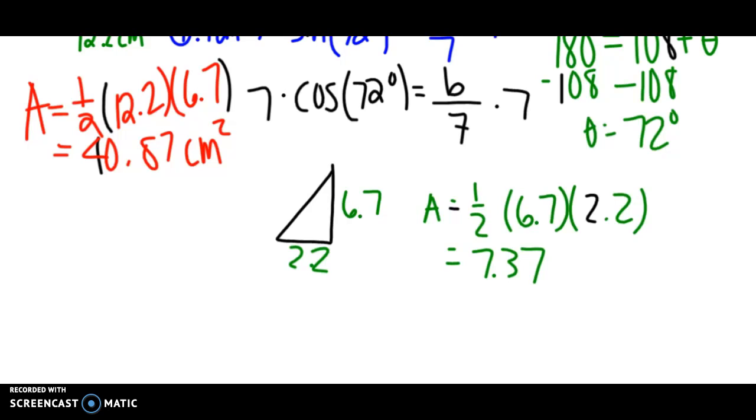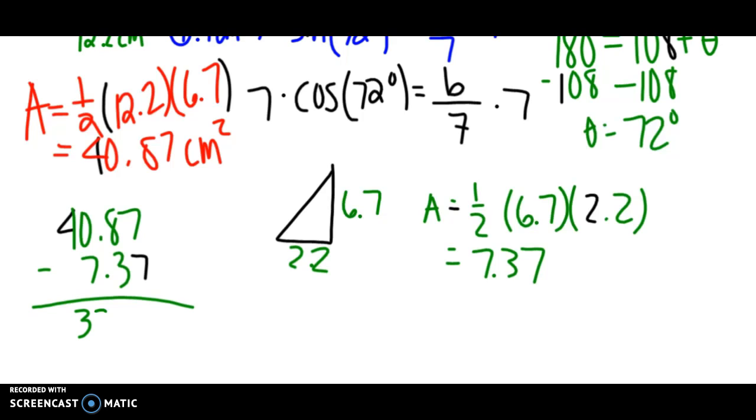Okay, so then I'm going to subtract 40.87 minus 7.37, and I find it to be 33.5 centimeters squared.